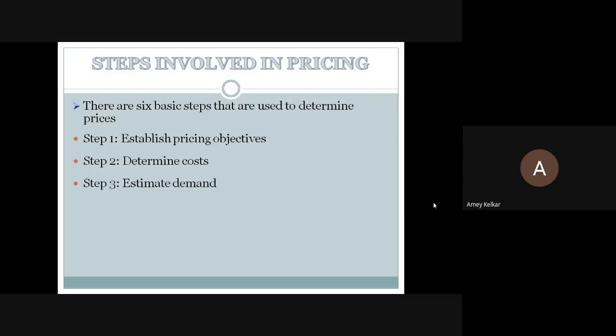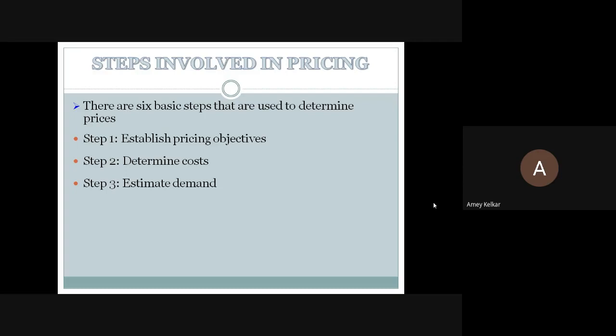Third, estimate the demand. Yes, your product might be great and your prices might be low, but if you fail to estimate the demand of the market, your project will be a failure. Yesterday only I read an article wherein this quarter they have shown how housing demand has fallen.